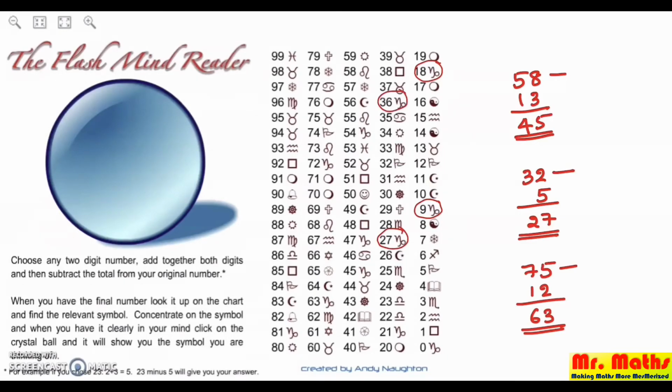Till 81 it will go. After that there are no multiples of 9, but it is not required, because if you do this calculation, the final answer will always be less than 90. So the same symbol is not used in 90.